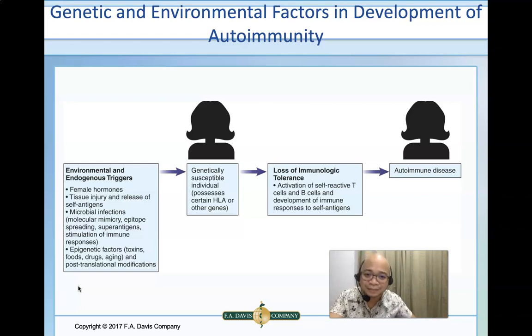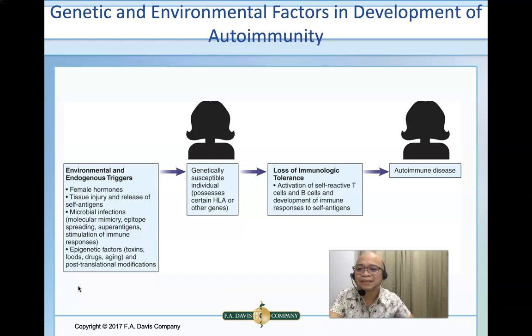At the same time, we can also factor in the loss of immunologic tolerance. So there would be activation of self-reactive T cells and B cells and development of immune response to self-antigen. All of these factors will fall into one person, and I do not want to be gender insensitive here, but as you can see in the icon, it's female, because females are actually more at risk of getting autoimmune disease.